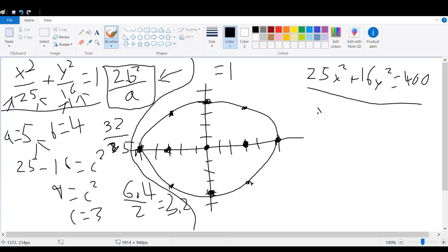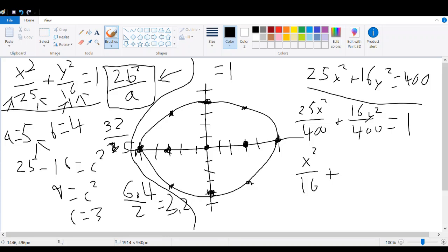Well, we end up getting 25x squared over 400 plus 16y squared over 400 equals 1. I see some fractions that can be reduced. 25x squared over 400 can be reduced to x squared over 16.